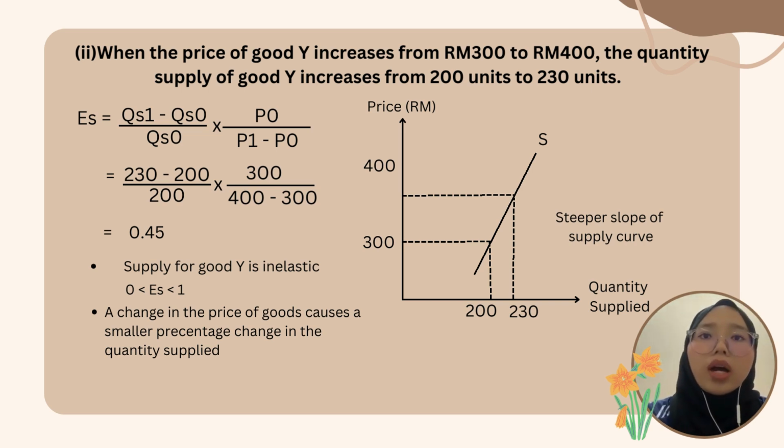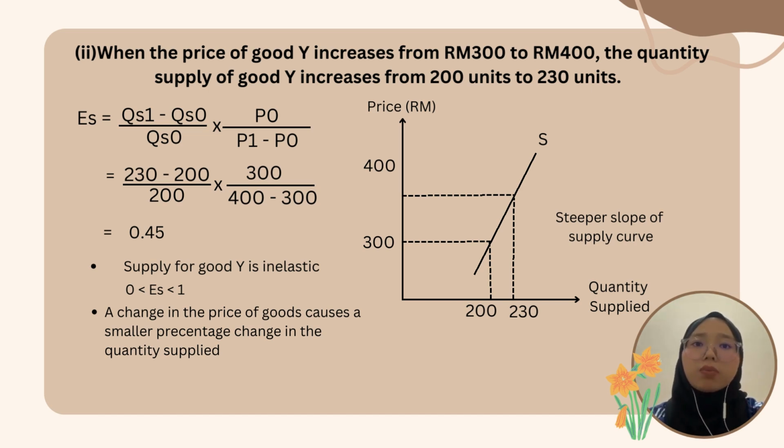So, 230 minus 200 divided by 200, multiplied by 300 divided by 400 minus 300. So the answer we will get is 0.45. The type of price elasticity is inelastic.